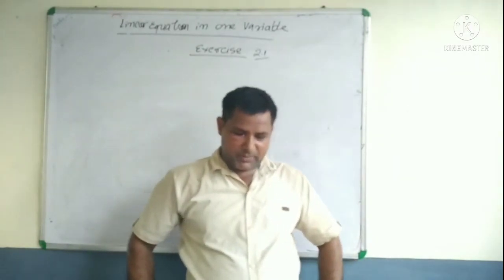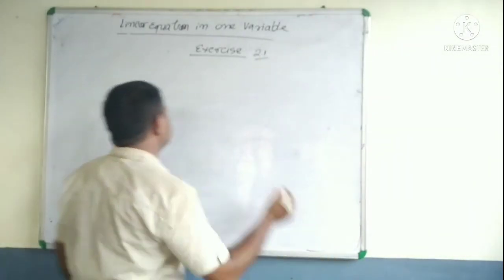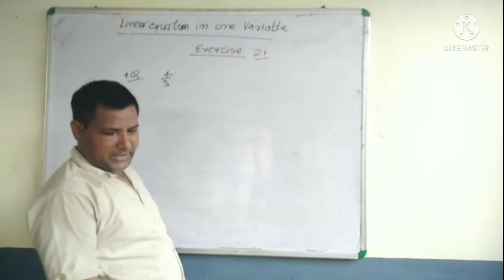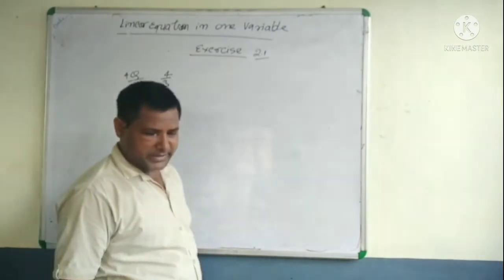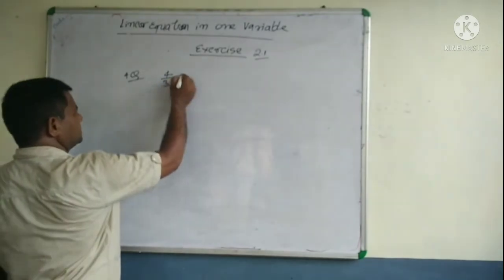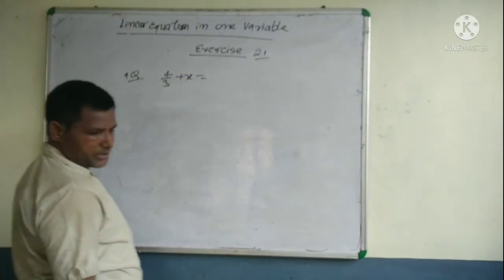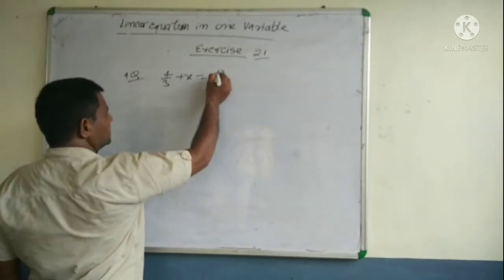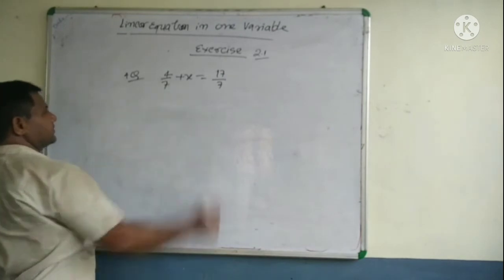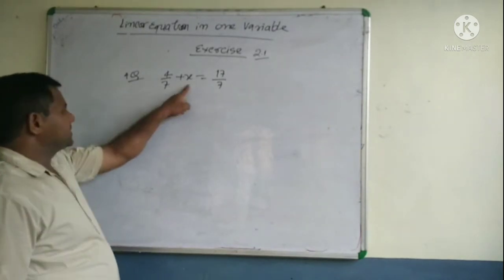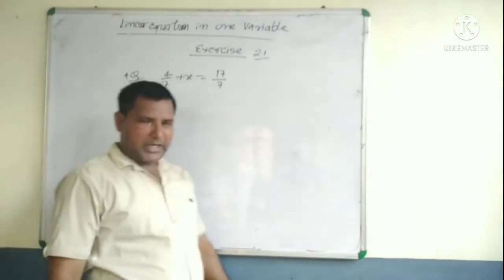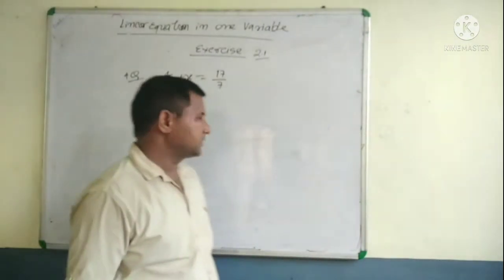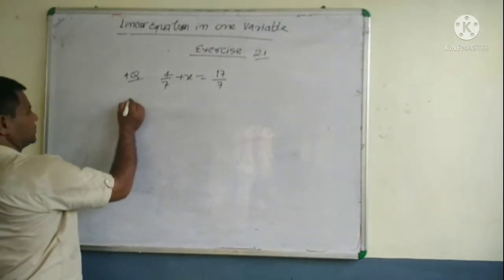I am taking question number 4, which is 4/7 plus x equal to 17/7. Sorry, it is 7. And we have to solve this equation to find the value of x. So, solve.